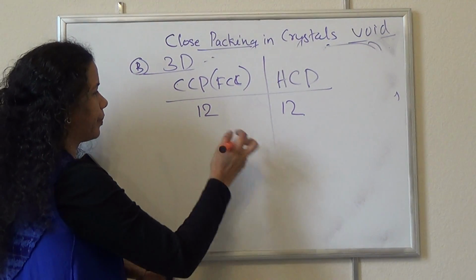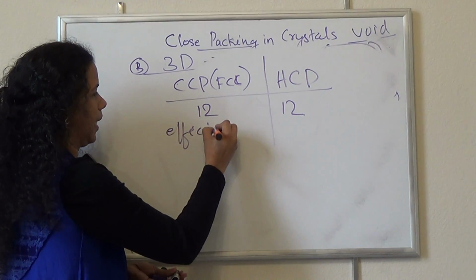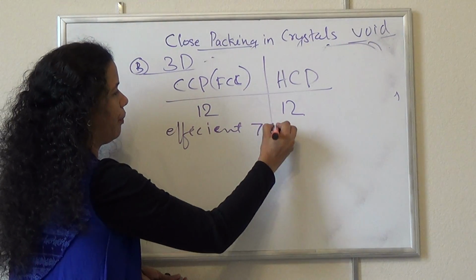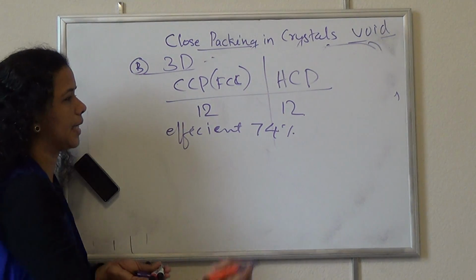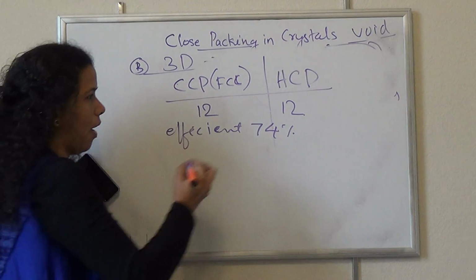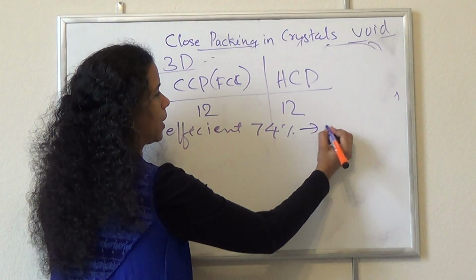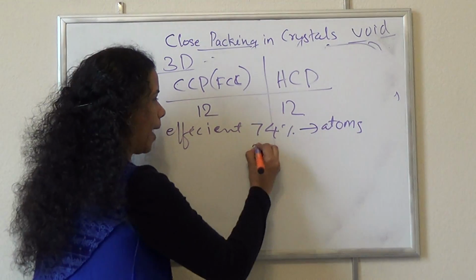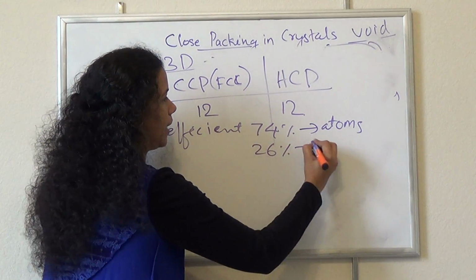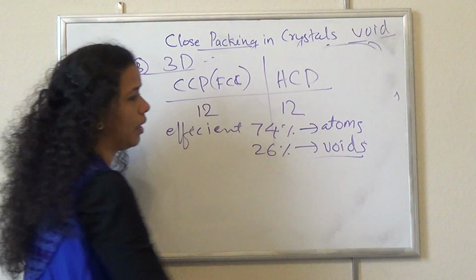That is, its packing efficiency is 74%. In both arrangements, the efficiency is 74%. That is, 74% of the total space is occupied by atoms, and the remaining 26% is occupied by vacant space, and it is called the void.